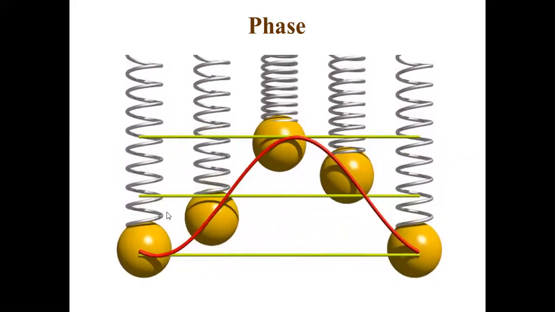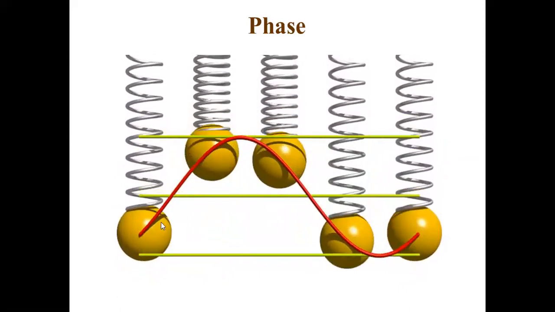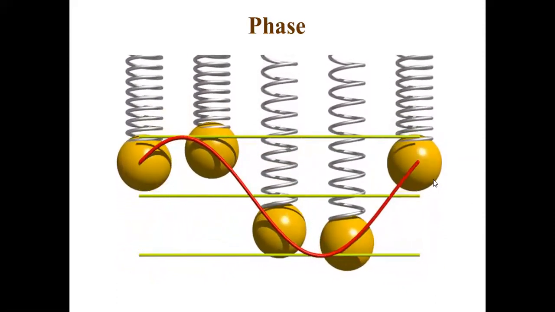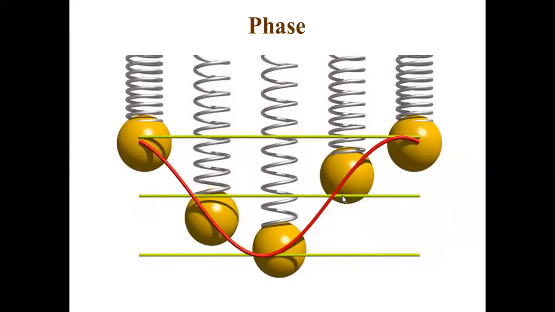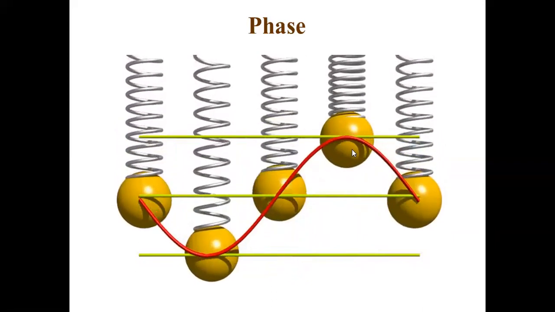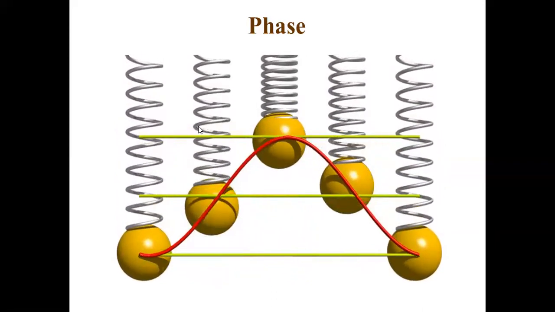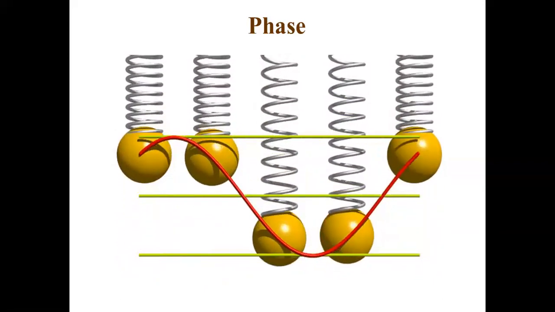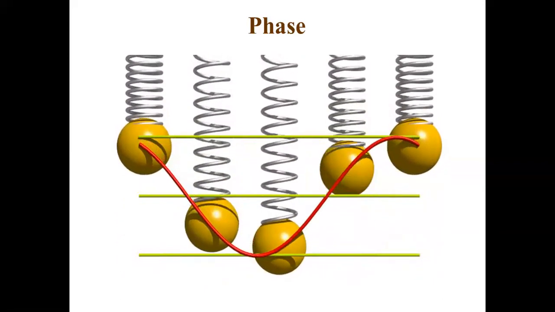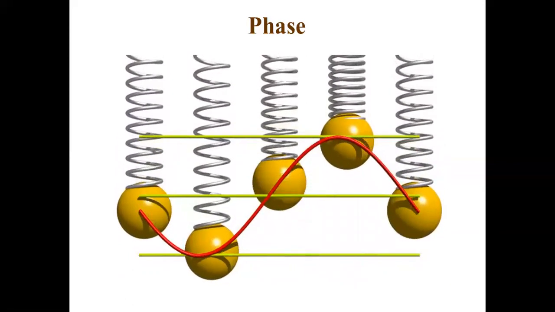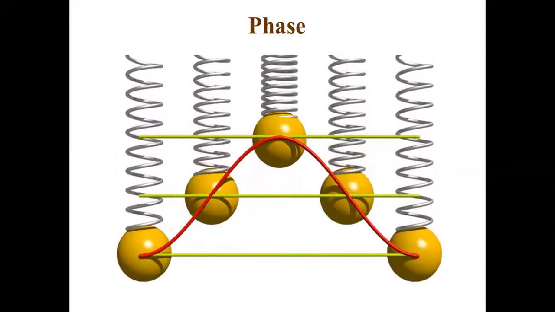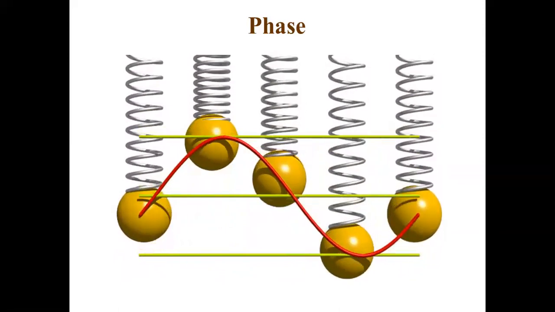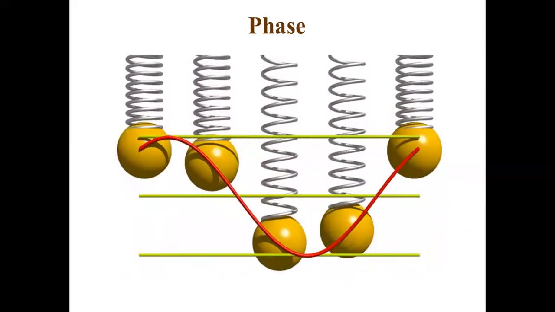So exactly opposite phase, first and third, third and fifth, second and fourth. When one is at maximum, another is at minimum. And remember, any two particles will be vibrating with some phase depending on the distance between them.